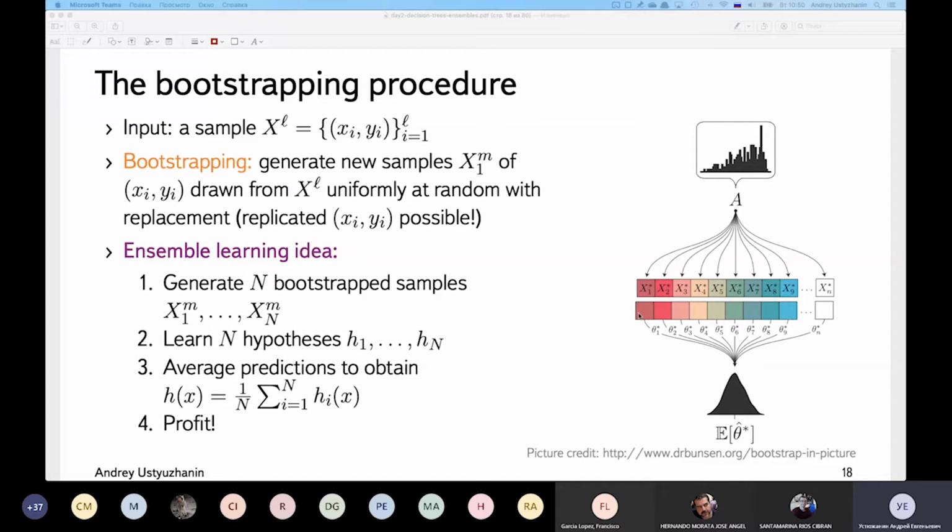And then we can use those subsamples to train different learning algorithms. It could be whatever. In the current case, since we're talking about decision trees, we will train decision trees. So we learn our n decision trees from those subsamples, and then we average predictions to obtain the final decision of our ensemble.